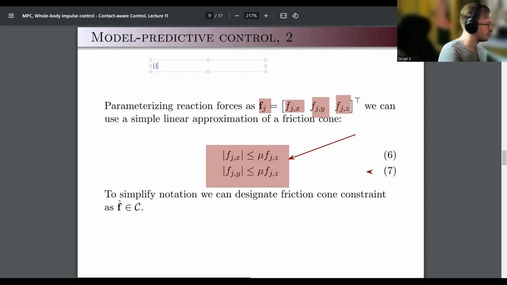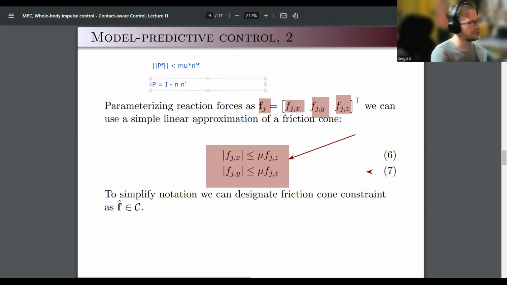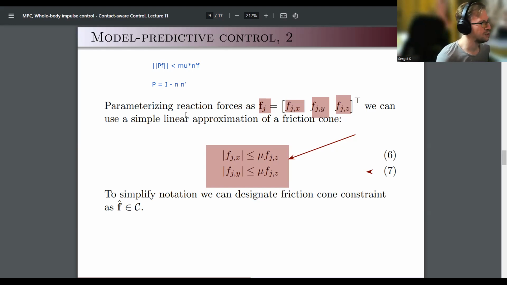It would be something like the norm of p f less than or equal to mu times n times f, where p would be the projector onto the left null space of n. So it would be something like I minus n n transpose. We had a whole lecture on this. So this is how you could do it.